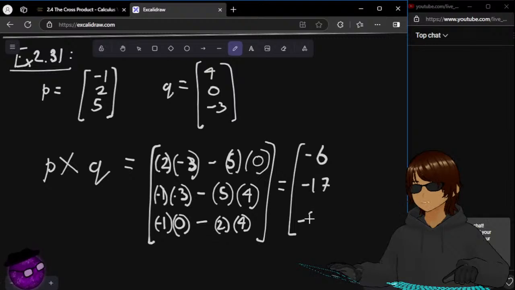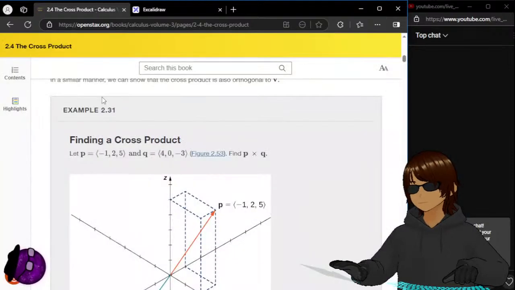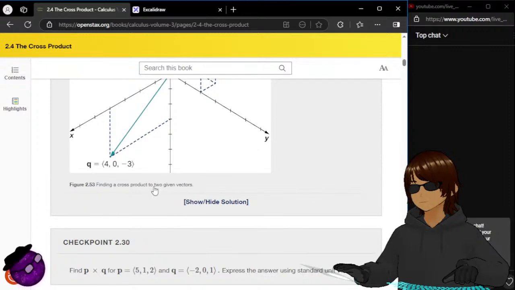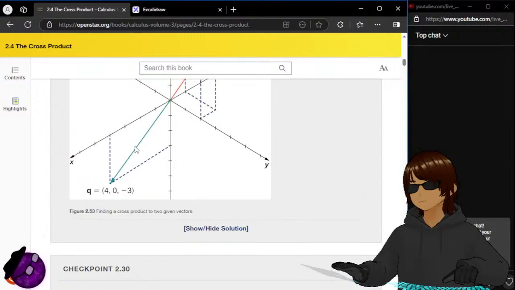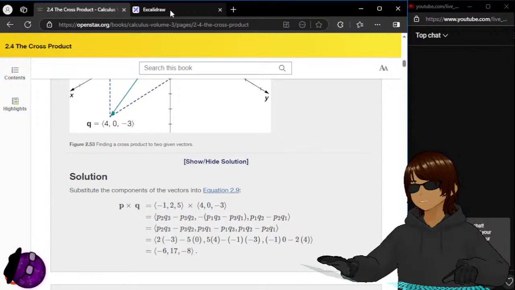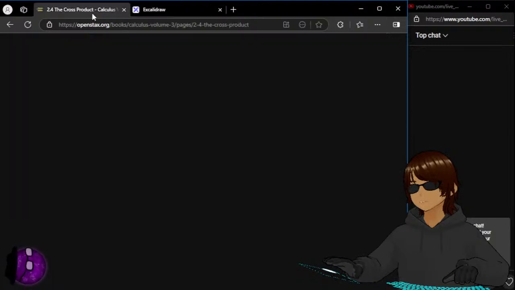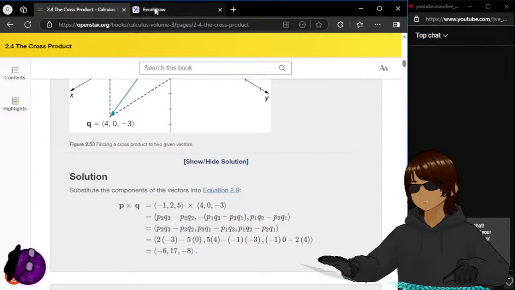And then 2 times 4 is 8. So minus 6, 17, and minus 8.